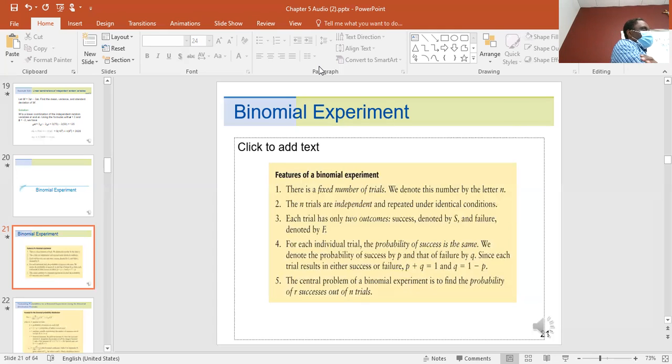Number of trials is 6. Probability of success is 1/3. And X or R equals 4, depending on which calculator you are following. I want you to use your calculator.